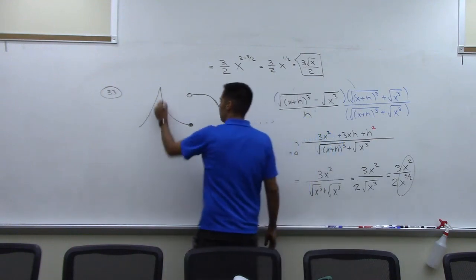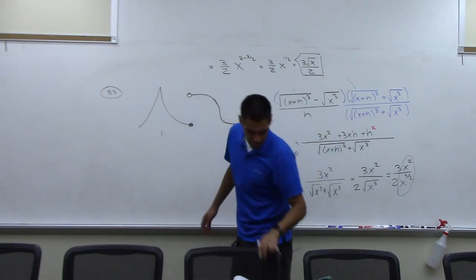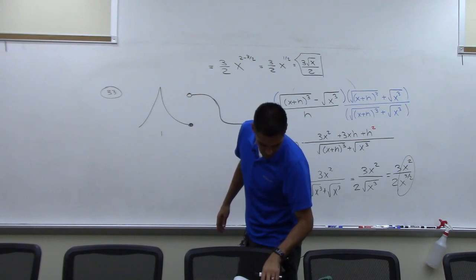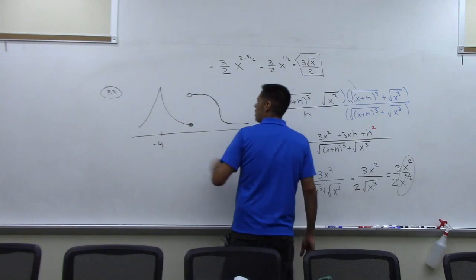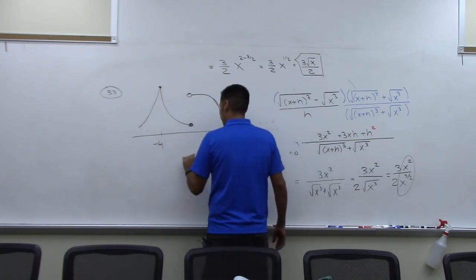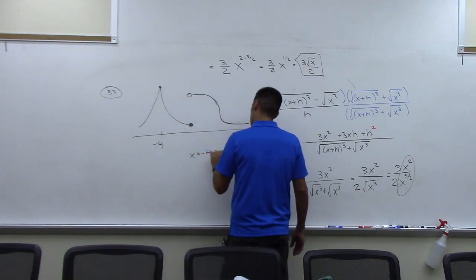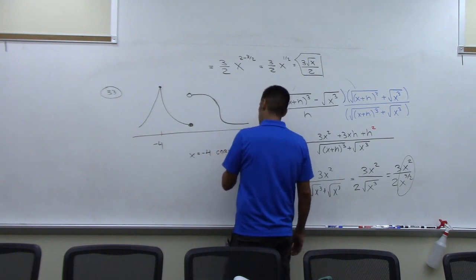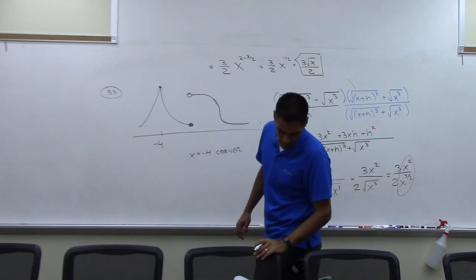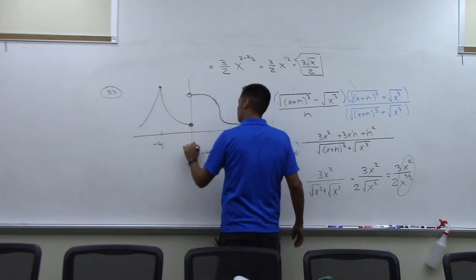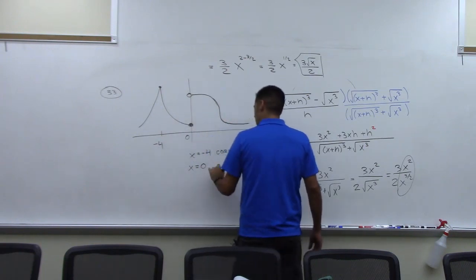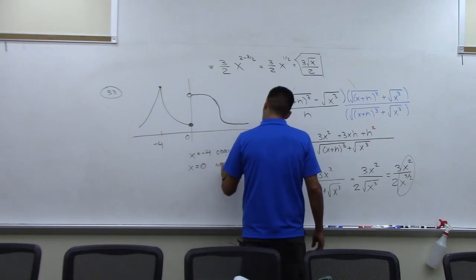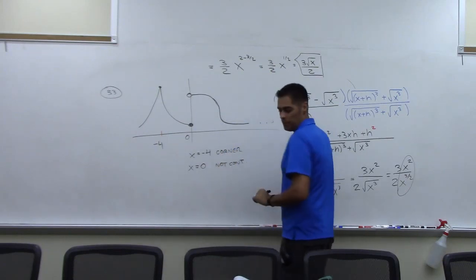So right here, whatever x value this is, which it looks like 1, 2, 3, 4, -4, we have a corner. So at x equals -4, we have a corner. So it's not differentiable. At 0, we have a jump. It's not continuous. So it's not differentiable.